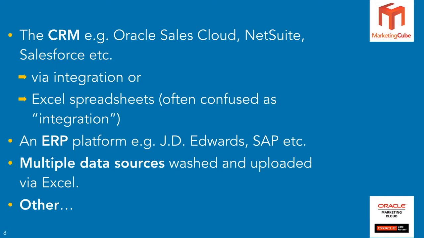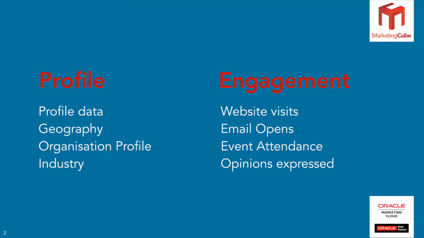Now, the key thing to understand here from trying to understand who the inactive group are or the less active group are is the ability to look at both profile data and also engagement data. So profile will be all of those things that typically sit on the contact within Salesforce or Oracle Sales Cloud or whichever. And it's going to be things like job title, job category, their address, so state, those sorts of things, their relationship to the account or company, their employer, for instance, that relationship would be there.